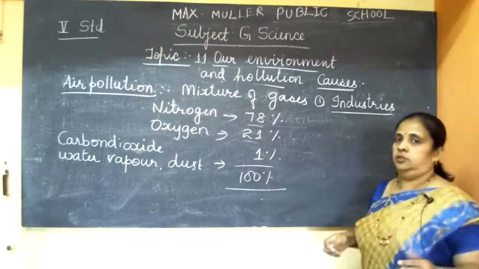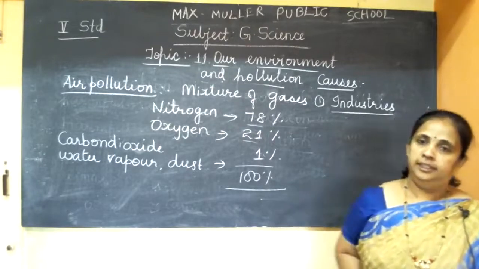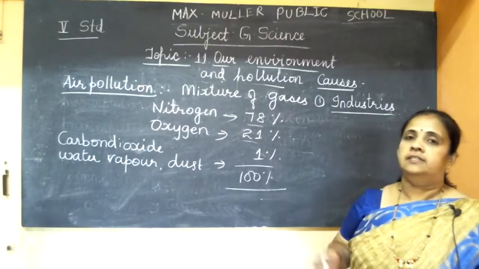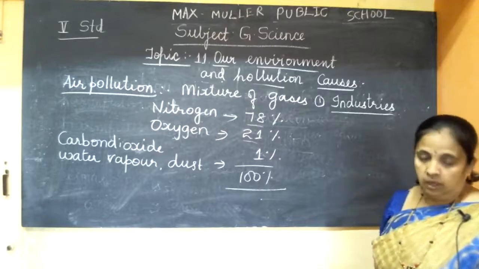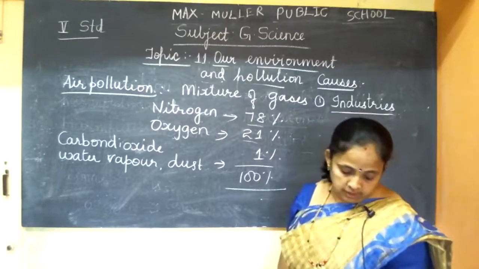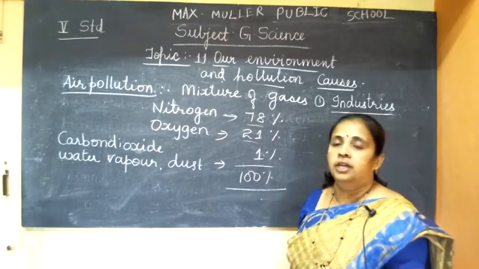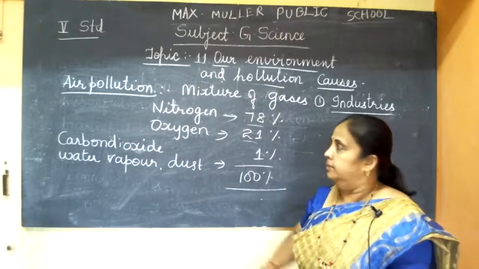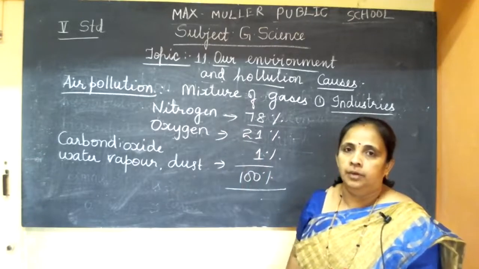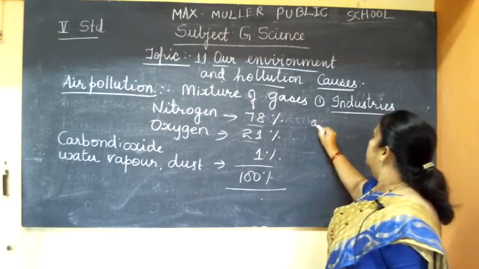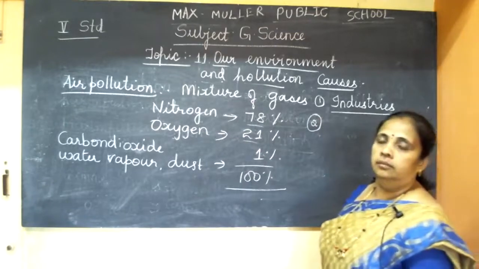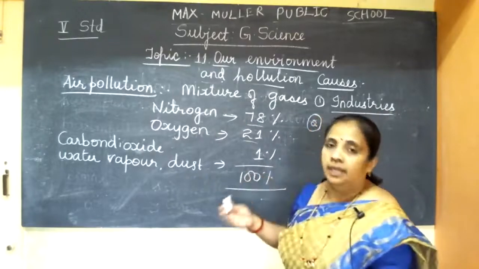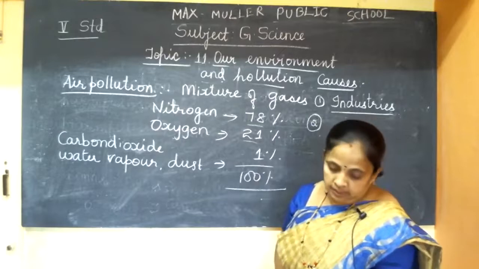When they run the industries, they use chemicals, and when they burn them, it releases harmful gases like carbon monoxide, hydrogen sulfide, sulfur dioxide, and ammonia. When these get mixed in the air, it becomes polluted.